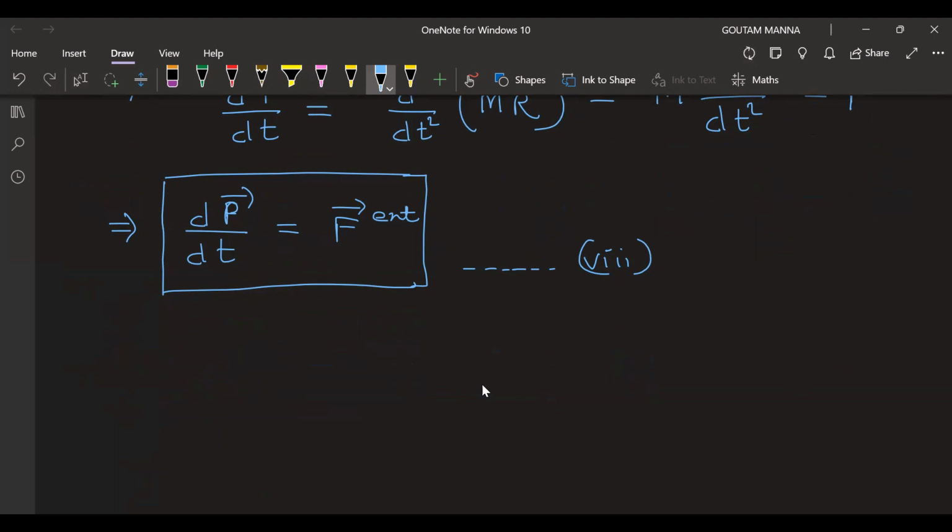Here also, for a many particle system, we can have the conservation principle of linear momentum. If F external, the total external force, is equal to 0, then P is equal to constant throughout the motion.